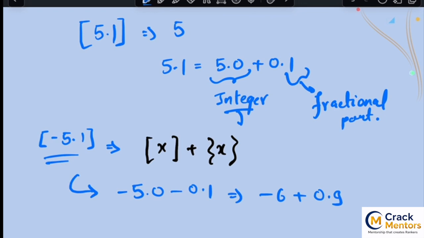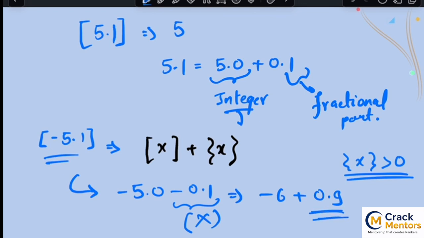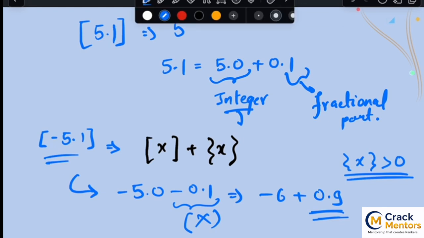As I already told you, the fractional part is always positive, so it can never be minus 0.1. It will always be 0.9, because this is positive.